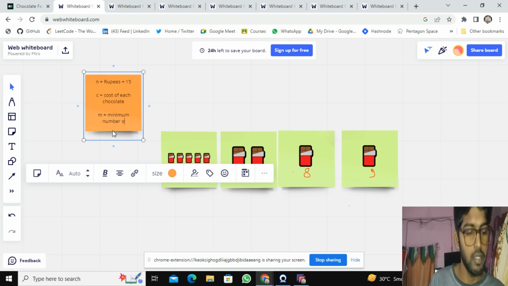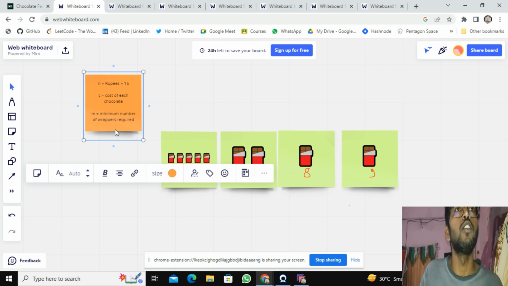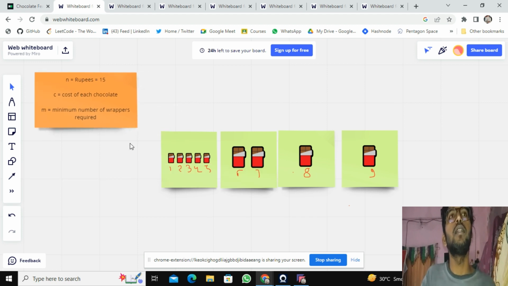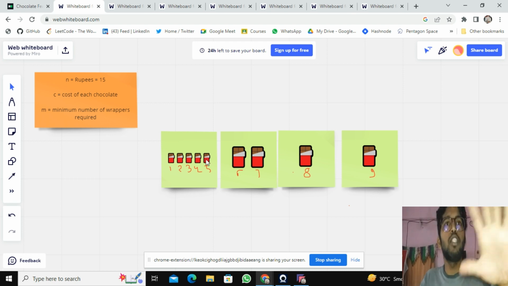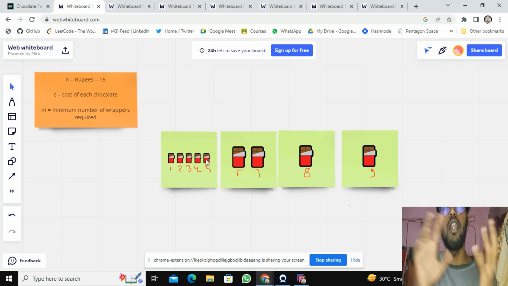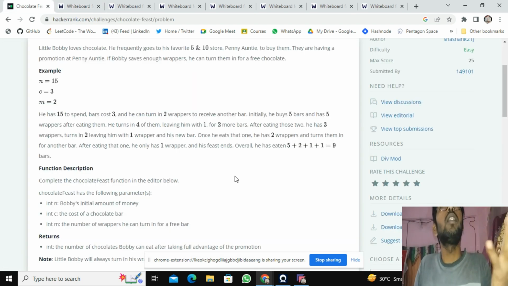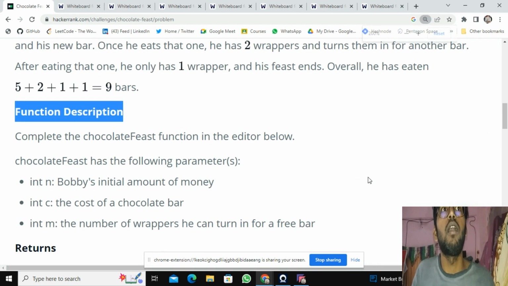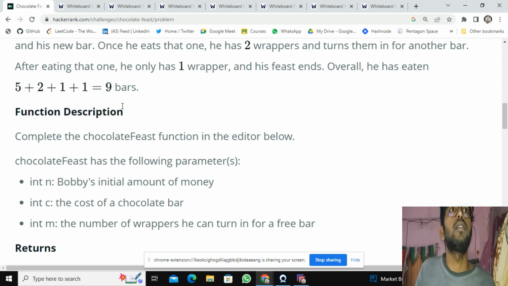So from this data I get this. Okay, simple. Now you have understood how we get this from this 15. How do we get these 9 bars?